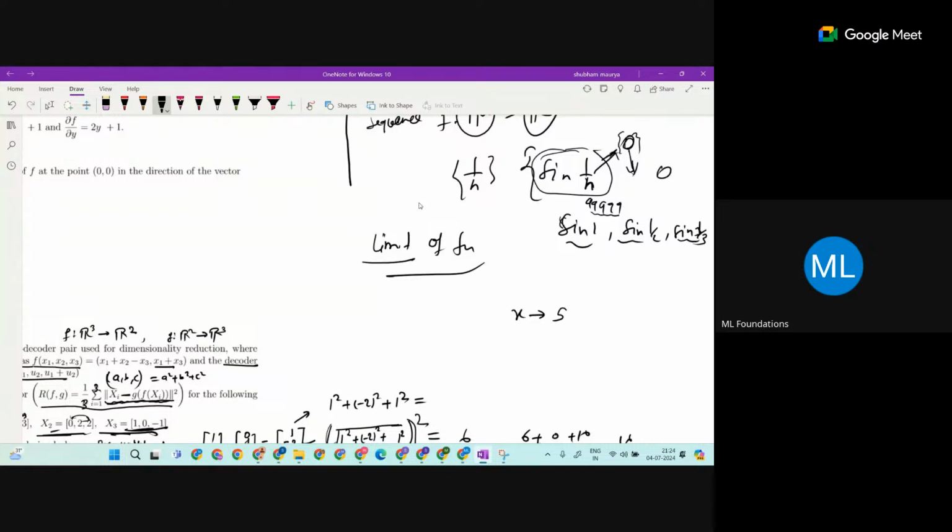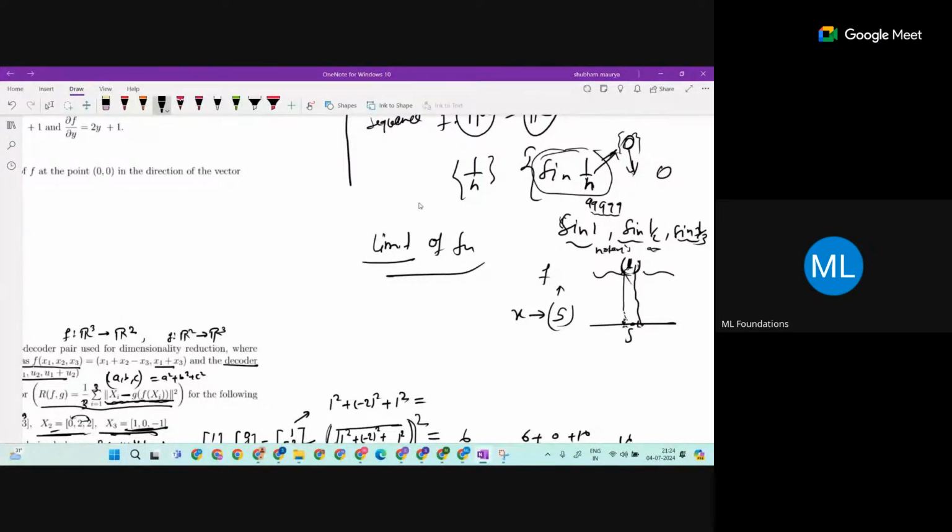That means you are giving the input in the function around 5, and the output tells you if the limit exists, that means you are getting some fixed output around which your output is coming. Your input is around 5, so the output is also some fixed number, or it does not exist, or maybe it is infinite.